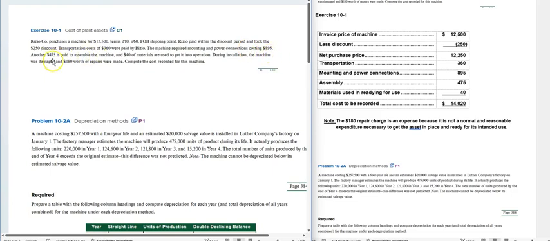We paid another $475 to assemble the machine and $40 of materials to get it into operation. During installation, the machine was damaged and $180 worth of repairs were made. What we're trying to determine is when we bought this machine, what costs would we record?